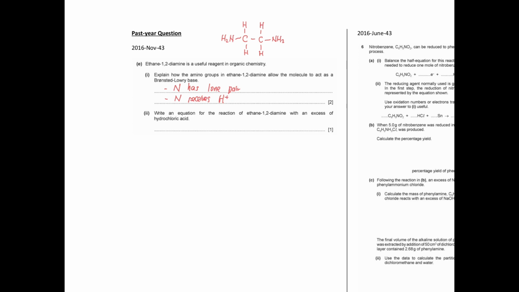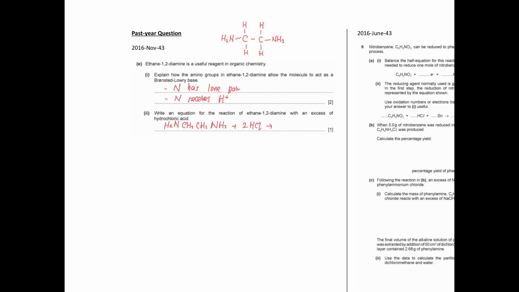Okay, so part 2, write an equation for the reaction of ethane-1,2-diamine with an excess of hydrochloric acid. So hydrochloric acid will neutralize the basic amino group. So we write down the equation in this way, as structural formulas. H2NCH2CH2NH2 plus HCl. So I need 2 HCl.